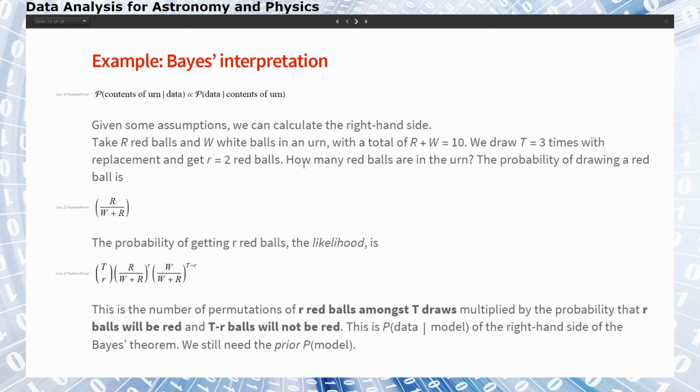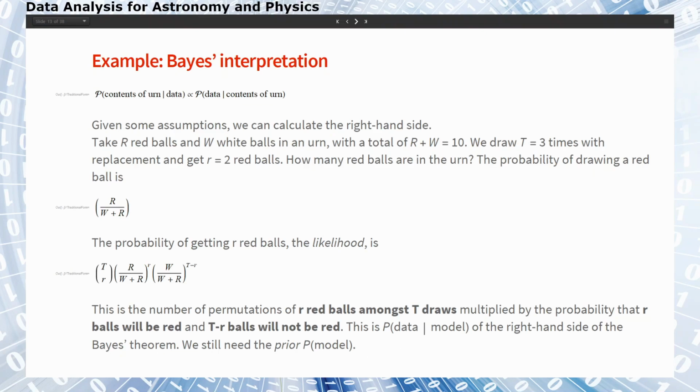The probability of drawing 1 red ball is R divided by W plus R, which is 10, but we don't know R. But if we knew it, the probability of getting non-capital r red balls, the likelihood, is given by this expression.